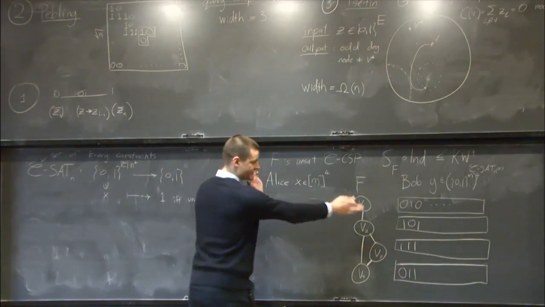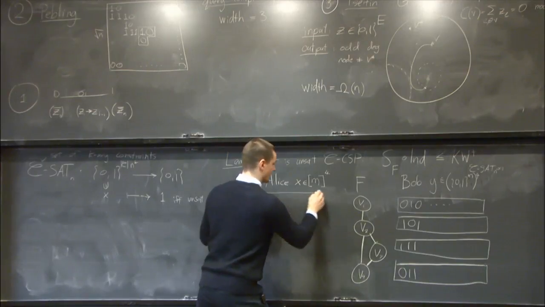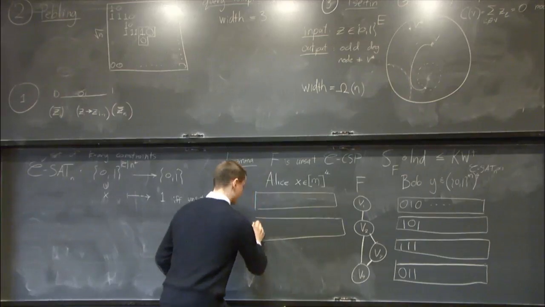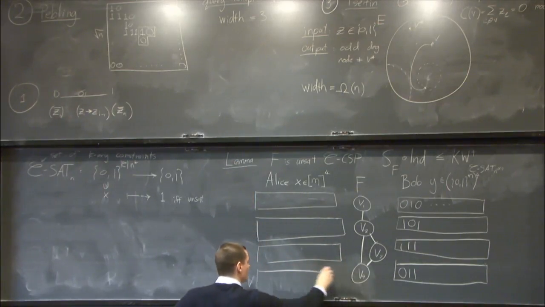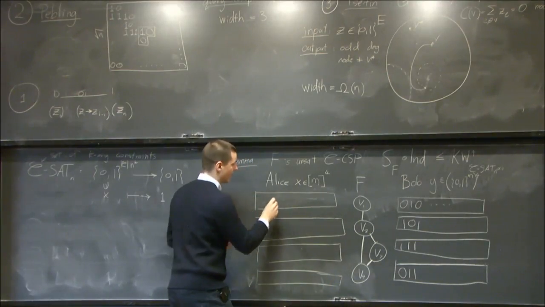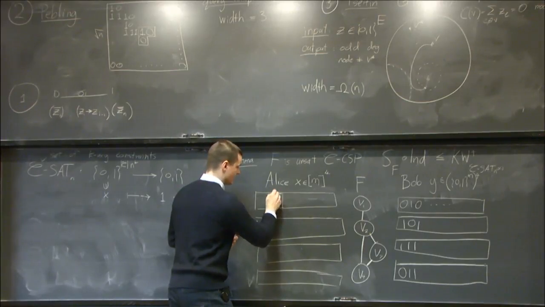And Alice has pointers into these strings, which I draw as I replicate again these tables. So Alice has pointers. I draw that as simply a highlighted cell in each table.